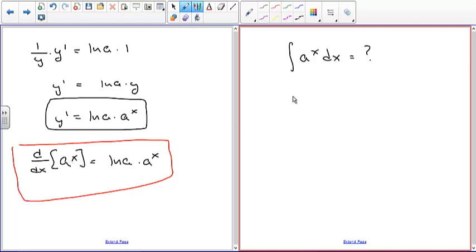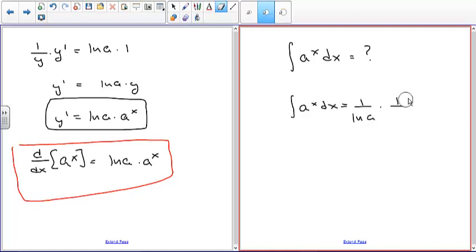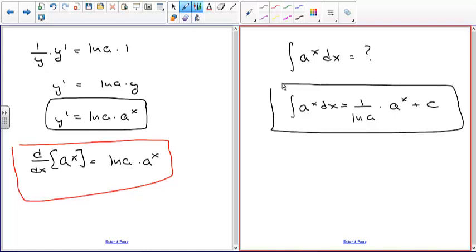I don't think it's too far-stretched to realize that the integral of a to the x is 1 over the natural log of a times, wait, to make sure, no, that's wrong. Not 1 over, it's just a to the x plus c.